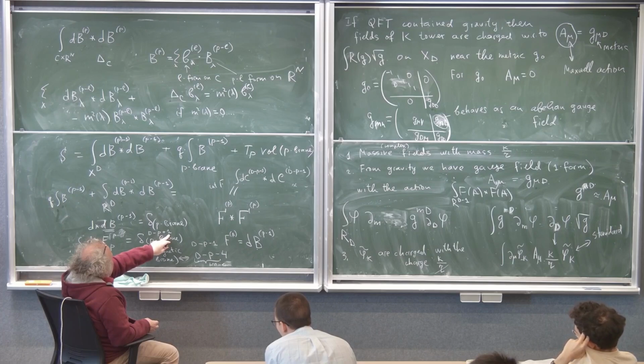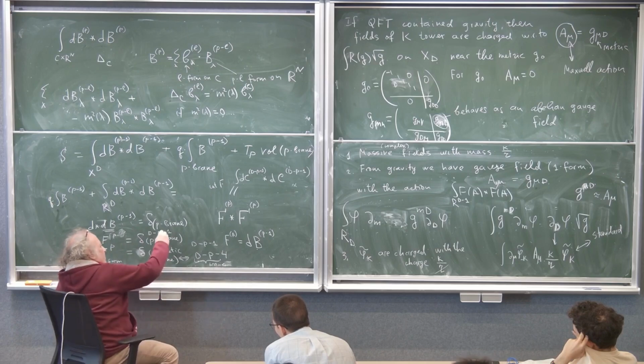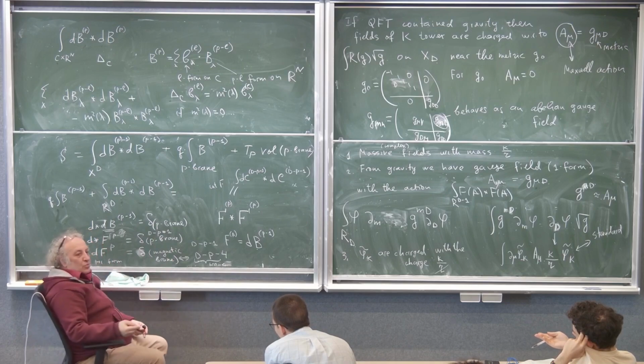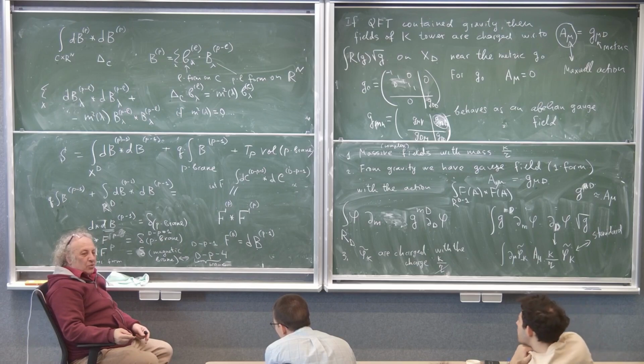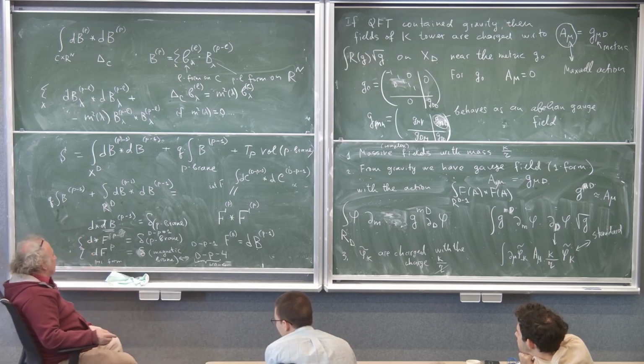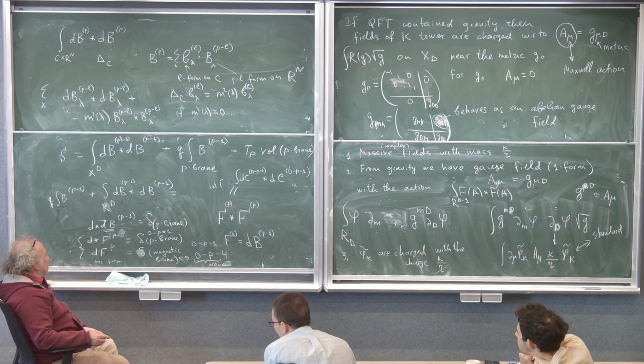But here we have minus, because a p-brane means a p plus 1 dimensional world volume, and delta on a p plus 1 dimensional world volume is a D minus p minus 1 form. Well, then it doesn't match with the left hand side, because the left hand side is clearly a D minus p plus 1 form.